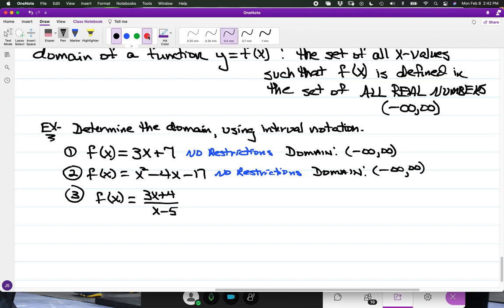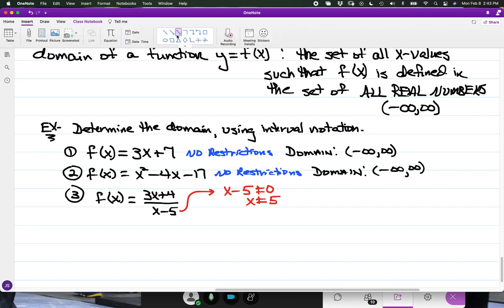The reason is that for this function to be defined, we cannot allow the denominator to be 0. So there is a restriction: x minus 5 cannot be 0. So left out is going to be the value of 5.